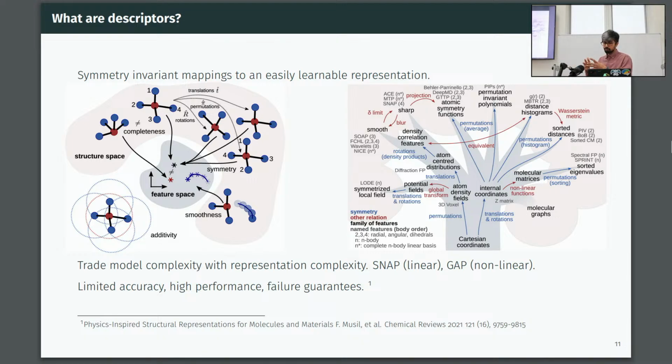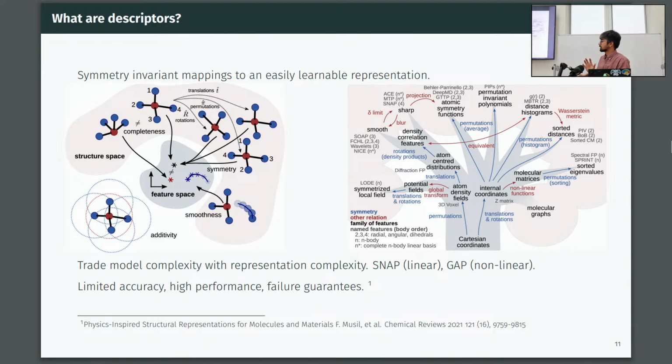It solves several problems. First of all, it gives you a representation of constant width, so you can use it in some other model. Irrespective of how many atoms there are or in what orientation they are, you should always get the same dimension of the feature space. Because it's molecules, they should also follow certain symmetries. If you rotate a methane molecule, it is still a methane molecule, and its energy and forces should remain the same.